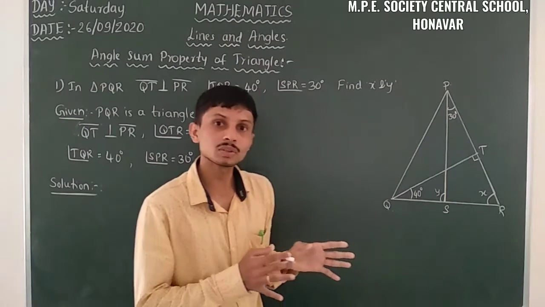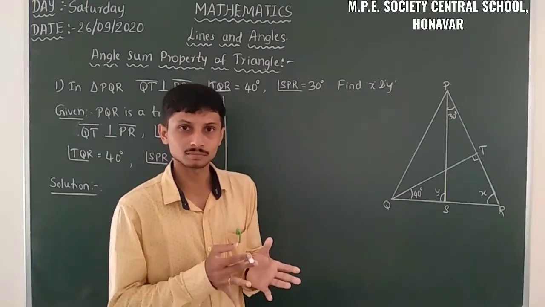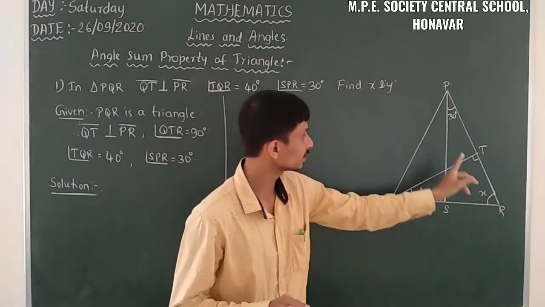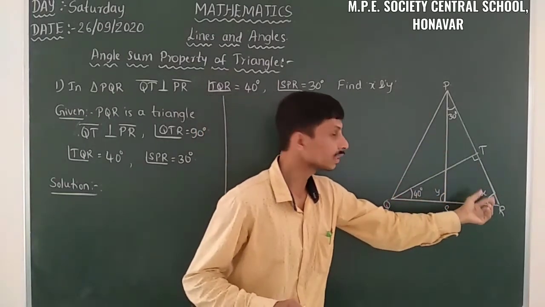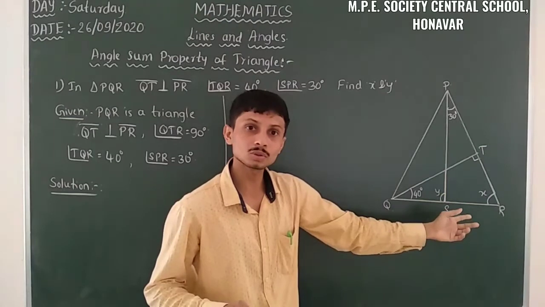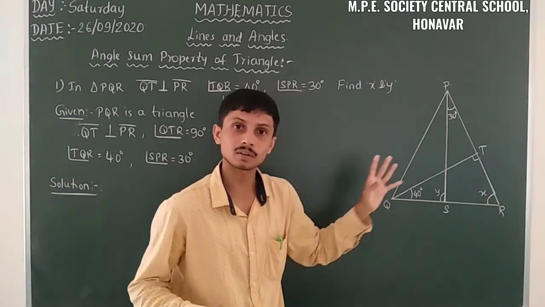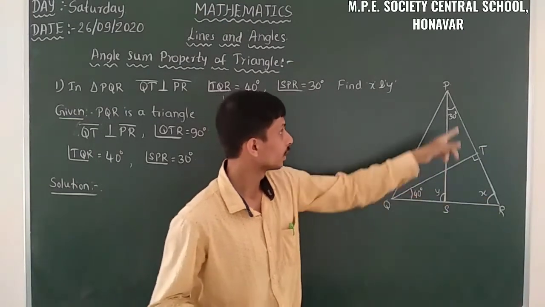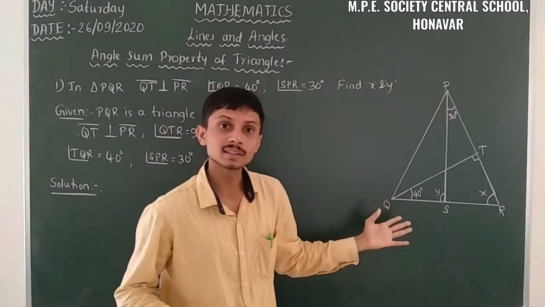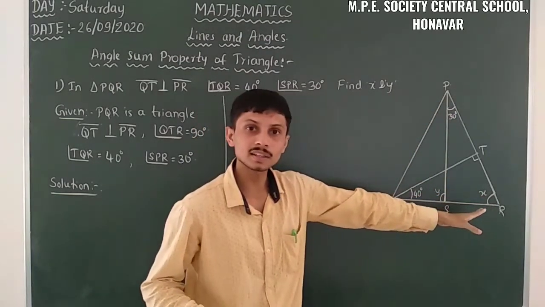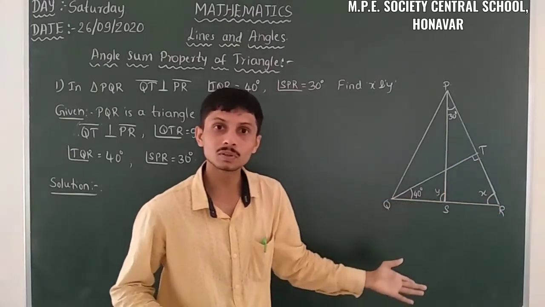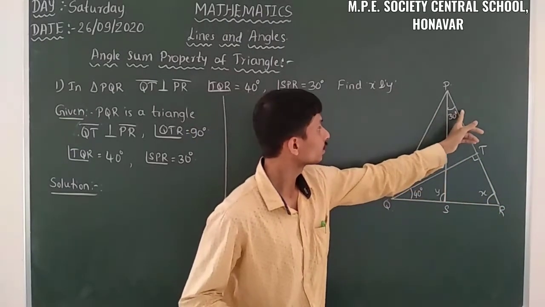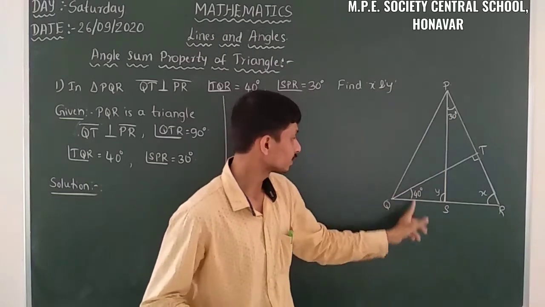So here we have to take any one of the triangles. There are many triangles: PQR is there and PSR is there. X is also one of the parts in those triangles. What are the triangles where X is a part? So just observe that. Angle PQR.